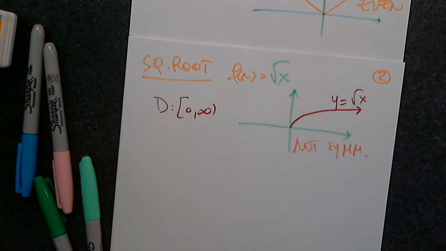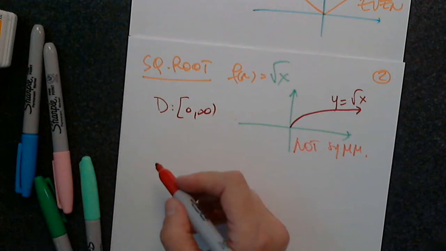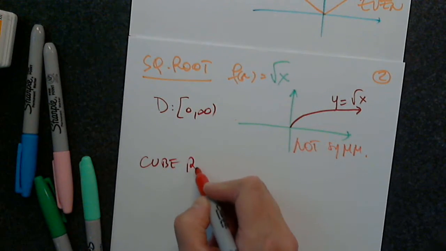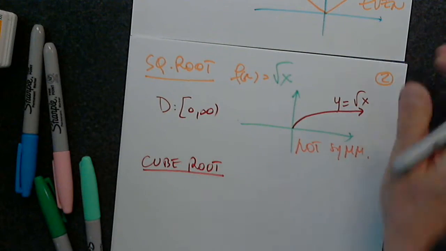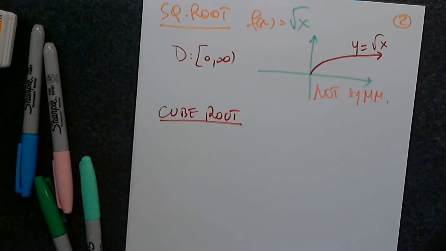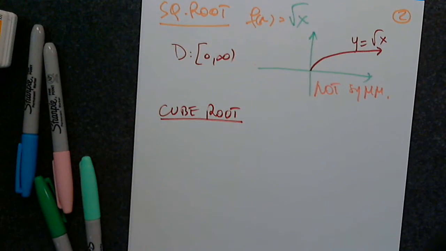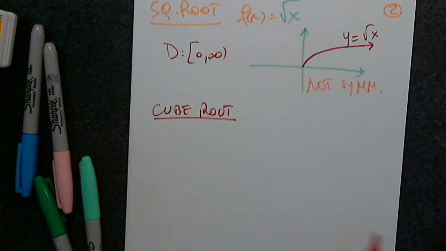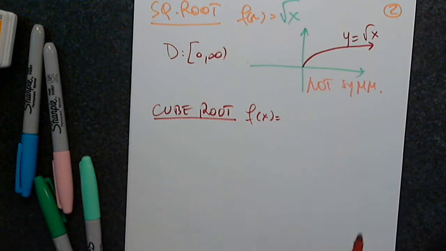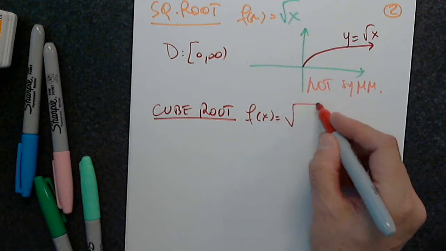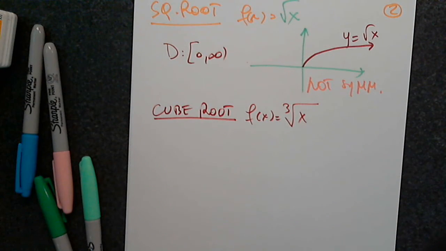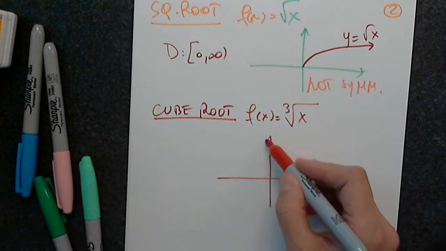Let's also look at the cube root. What would be the simplest possible cube root? F of x equals the cube root, not x cubed, the cube root of x. Very good. We're going to look at x cubed. It's a very good point.